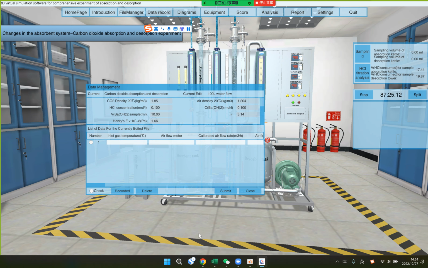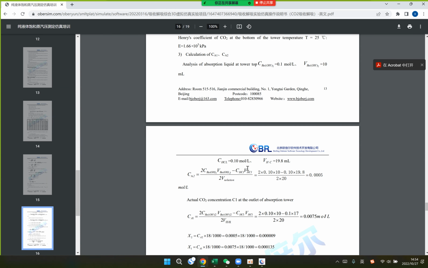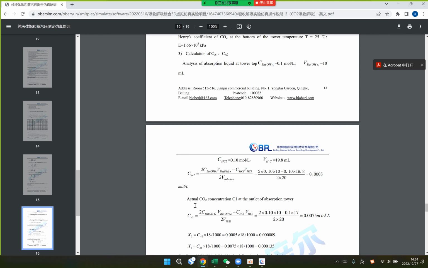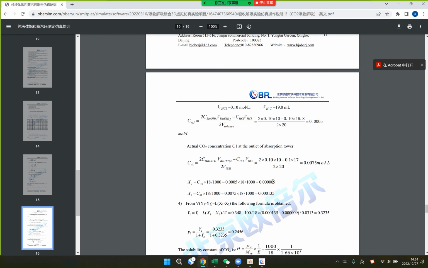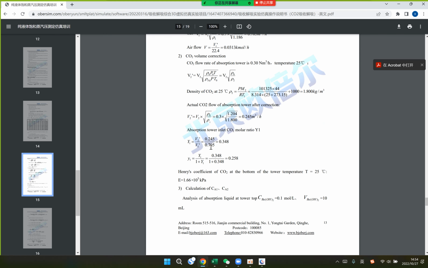So V HCl1 should be 19.8. In that case, you can calculate Ca2 and also Ca1. And then you may follow this formula to find X1 and X2. X2 and X1 are actually the mass concentration of the carbon dioxide in the liquid.